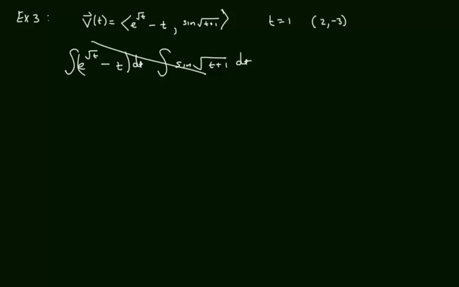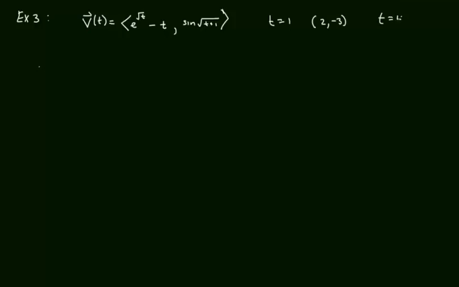This is a calculator active question, as are most of the questions in this particular unit. So what we'll do here is we desire what is the position vector at t equals 4. So at t equals 4 we want to know where is the particle. So we want to know x at 4, we need to know the x component at 4, we also need to know the y component at 4.